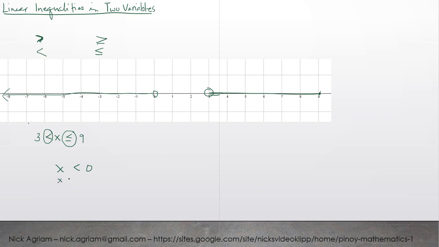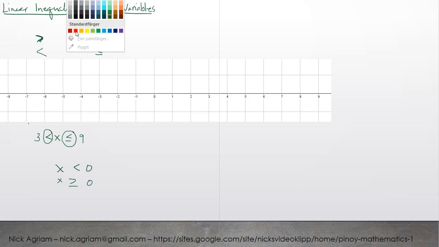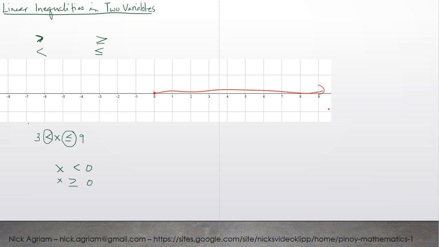But if we have x is greater than or equal to 0, then we are talking about 0 here, and 0 is part of the interval or part of the expression. So 0 is included.